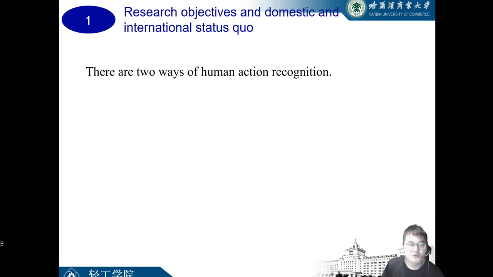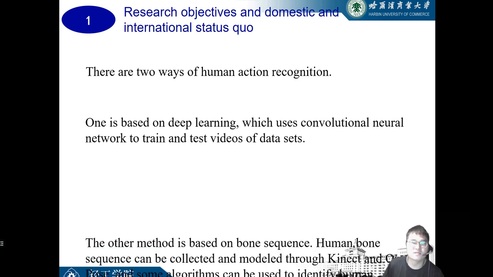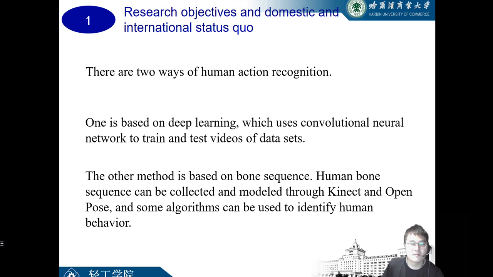There are 2 ways of human action recognition. One is based on deep learning, which uses the convolutional neural network to train and test videos of data sets. The other method is based on Boolean synchronous. Human Boolean synchronous can be connected and modulated through connect and open pose.